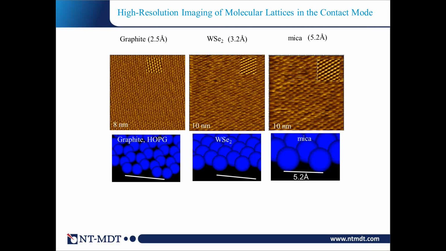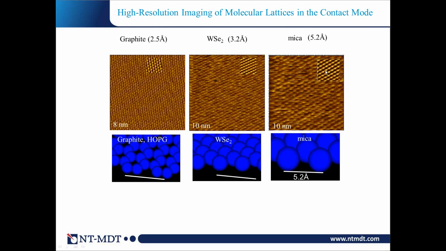That happened for many materials, and typical examples are either graphite, tungsten selenide, or mica.